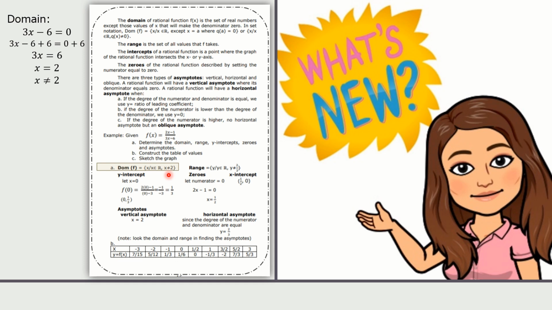To get the y-intercept, we let x be 0. F of 0 is equal to 2 times 0 minus 1 over 0 minus 3, which is equal to negative 1 over 3, which is equal to 1/3.